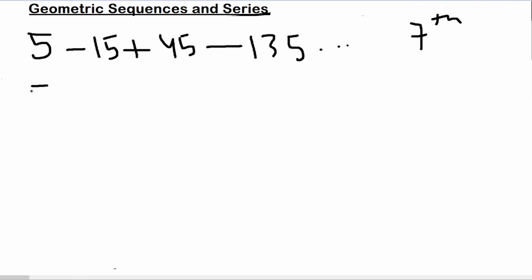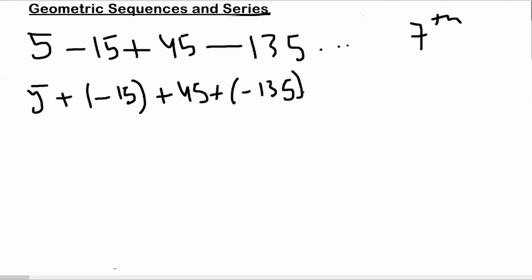This can be written as 5 plus negative 15 plus 45 plus negative 135 and so on. So it's easy to visualize that this is a geometric sequence with a negative common ratio. The common ratio in this case would be negative 15 divided by 5, which would be negative 3.